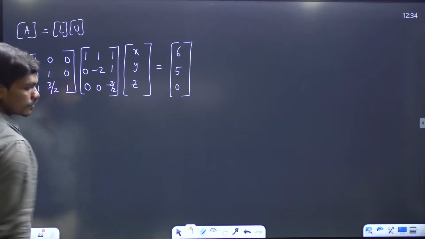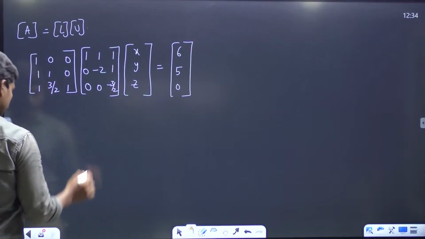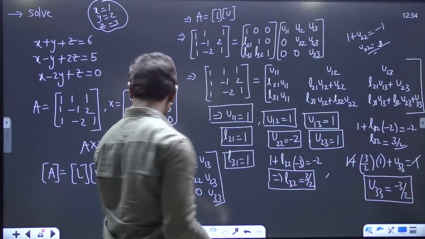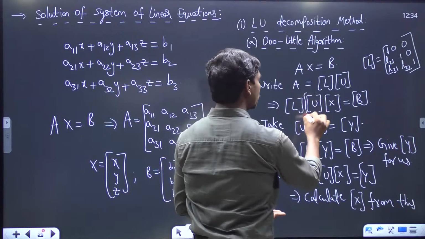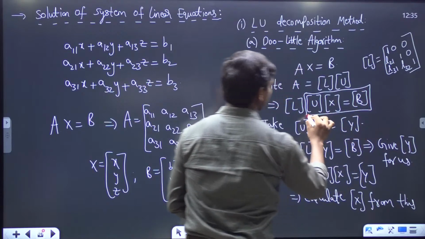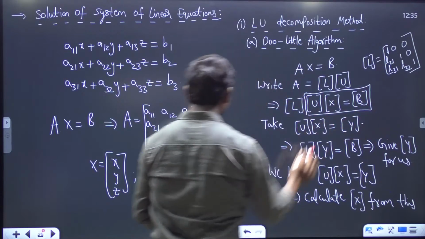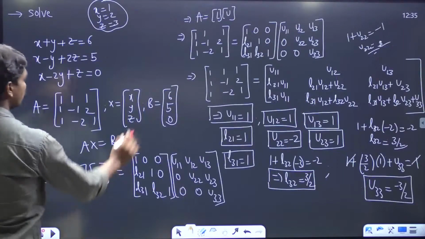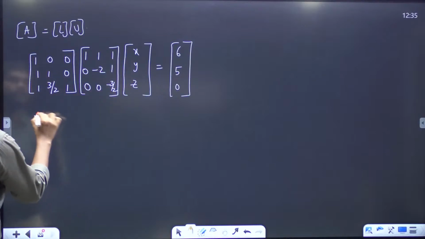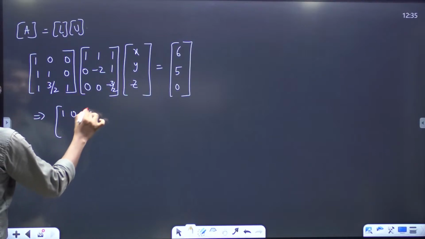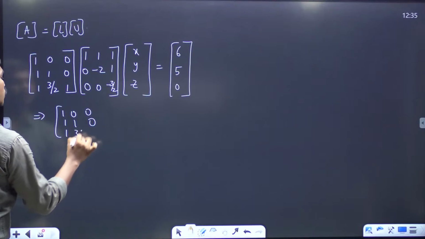We got here. Correct? Now, what we are assuming now, see carefully. Once you write this LU decomposition, we'll take this U into X as Y. Means this U into X, we are taking this as Y, which means for this lower triangular matrix, we'll write this as 1 0 0, 1 1 0, 1 3 by 2 1.